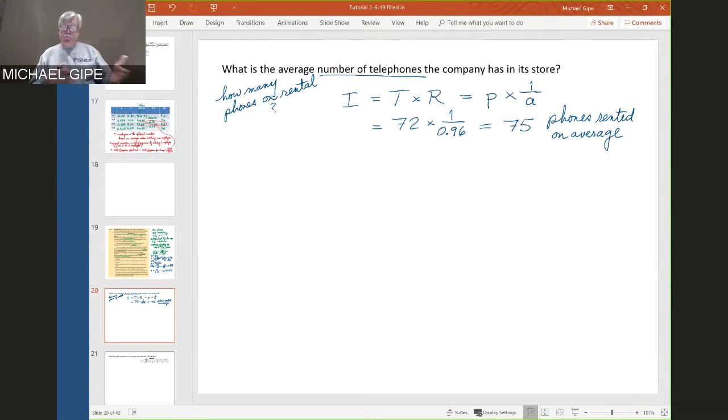Why didn't I directly calculate the number of telephones the company has in the store? Because I don't know the times there. So the in-store inventory is what's left.